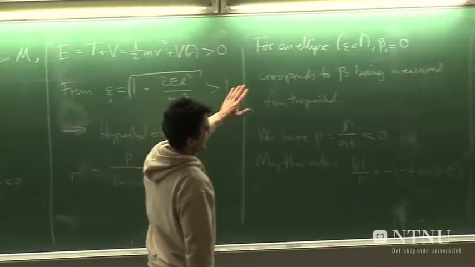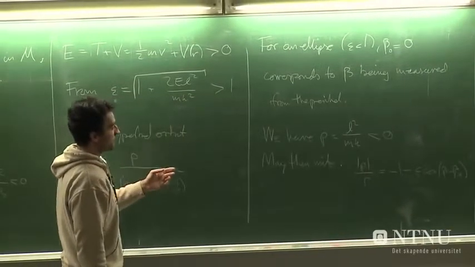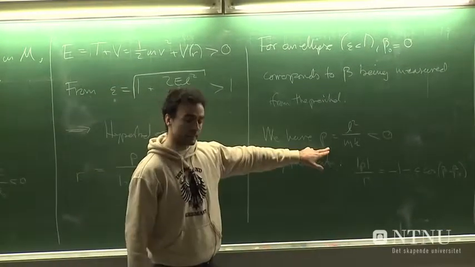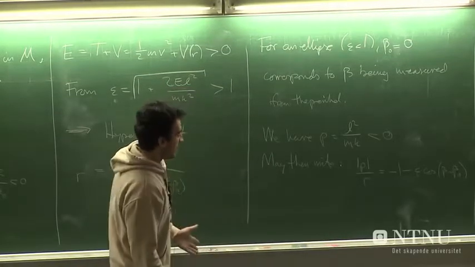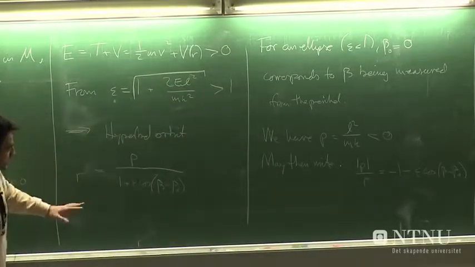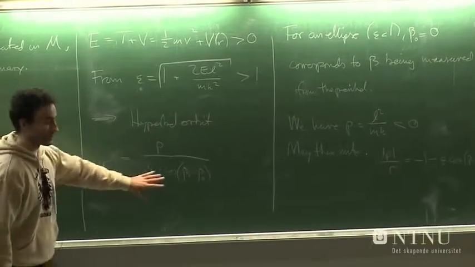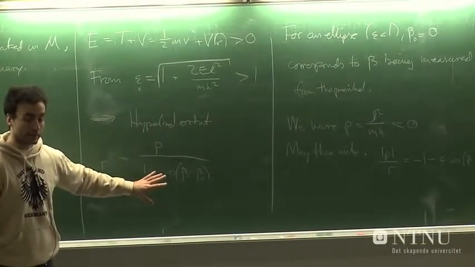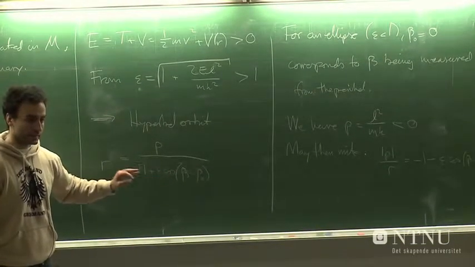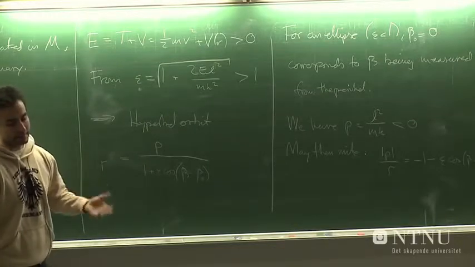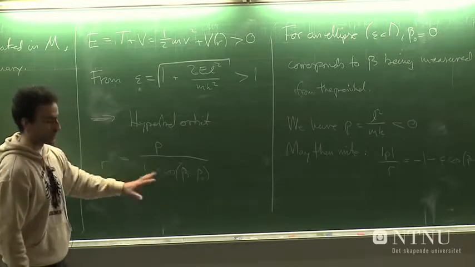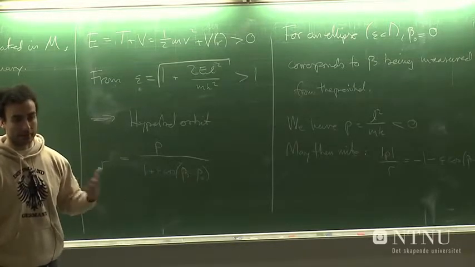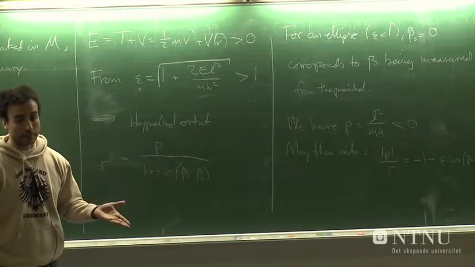Whereas in the elliptical case where we had positive p, we had to choose beta 0 equal to 0. And to see this, we could just have written down this general form in our analysis of the Kepler problem. Instead, we anticipated the events a little bit. We said that before arriving at this result, we chose beta 0 equal to 0, and then said, okay, this will correspond to the angle being measured from the perihelion.